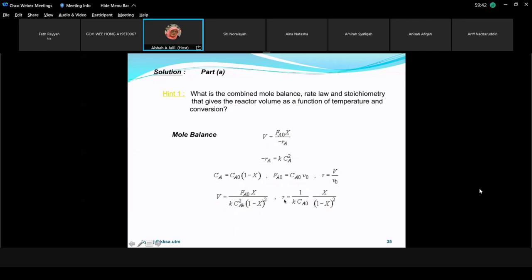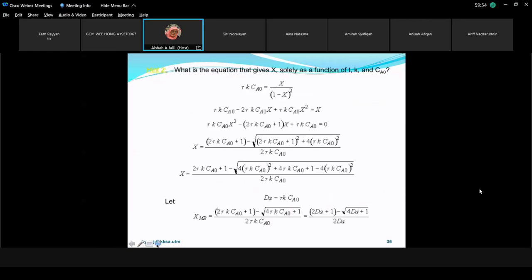Okay, and then you can also calculate for the tau equal this one. This is for the V, this is for the tau. And then what is the equation that gives X solely as a function of tau, k, and Ca naught? So they calculate lah.